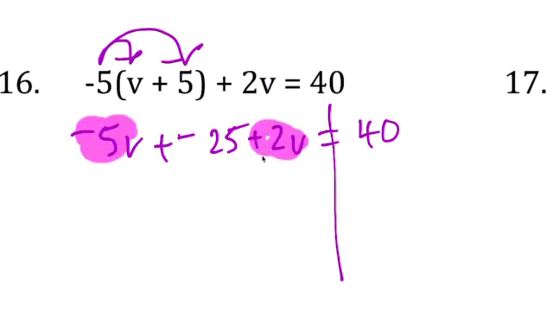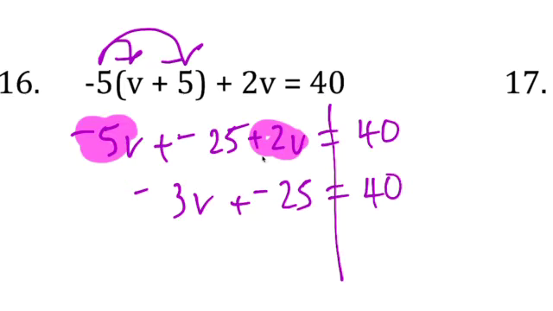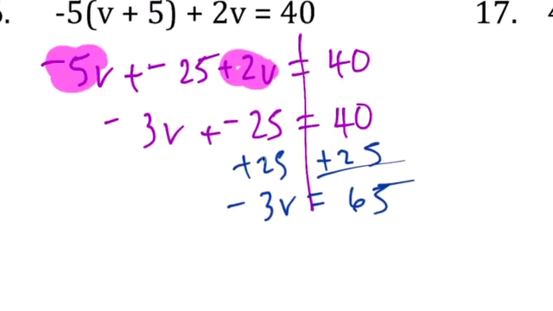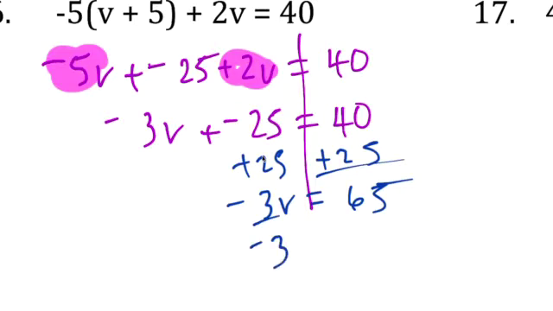You get negative 3v plus that negative 25 equals that 40. Now make 0, because these are no longer alike, so you have to make 0, add 25, add 25. You get 65 equals negative 3v. Divide by negative 3.